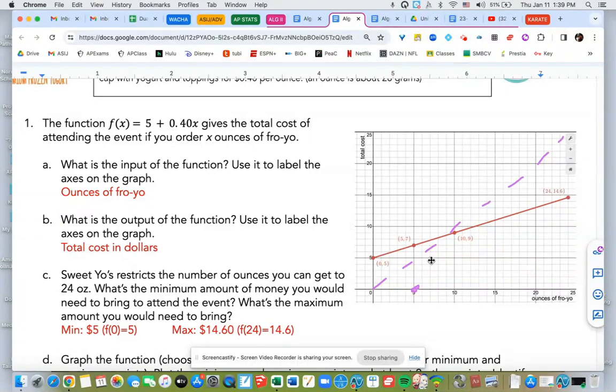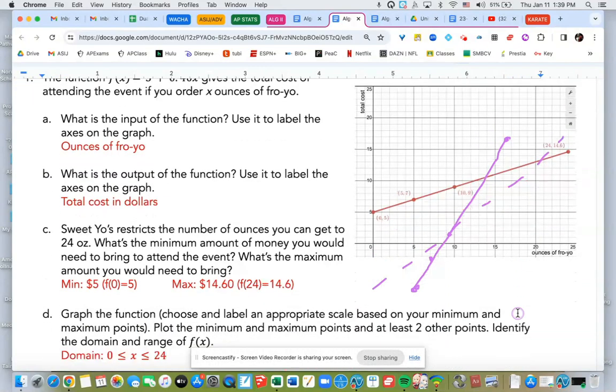That goes over here. This point somewhere over here stays the same. And then this point goes up here, and this point goes up here, right? So you end up with a graph that looks something like this, up to 24, right? Well, let me move that down.